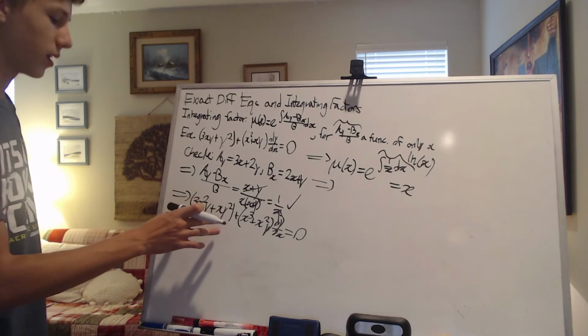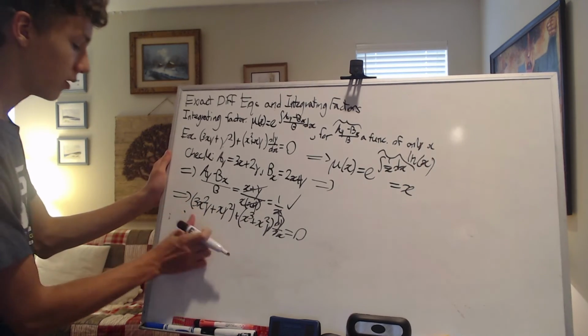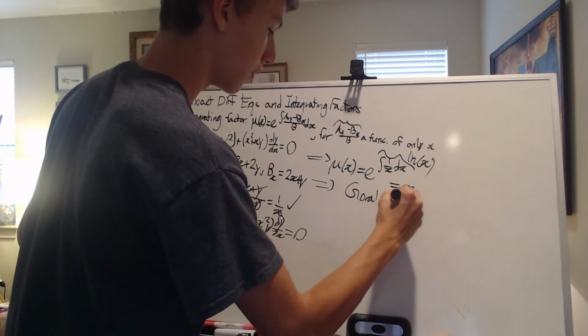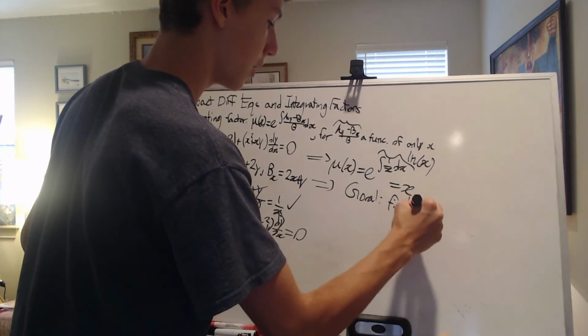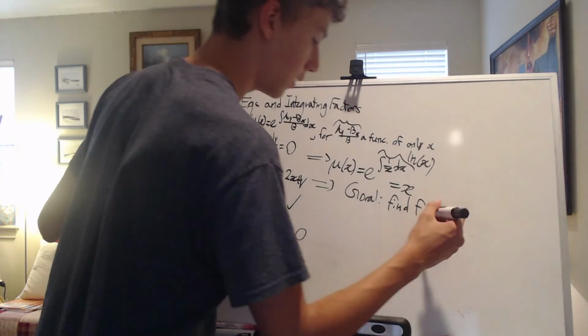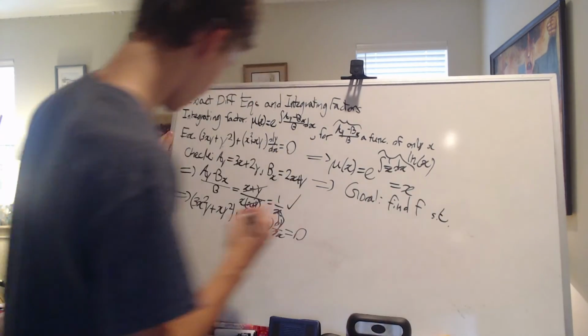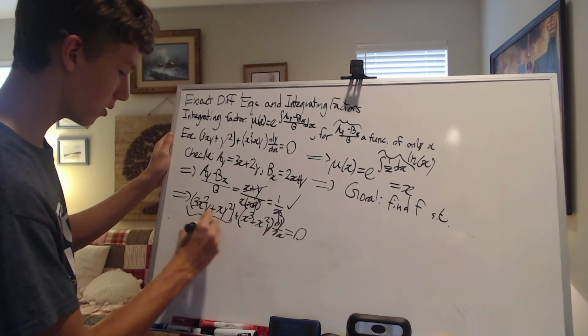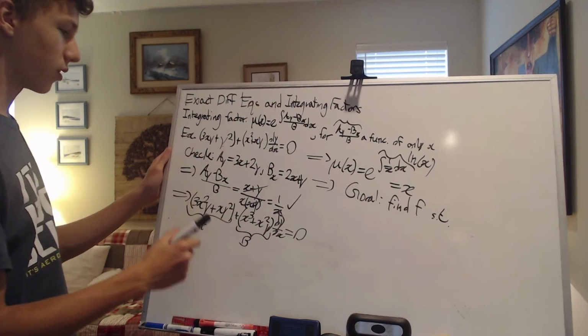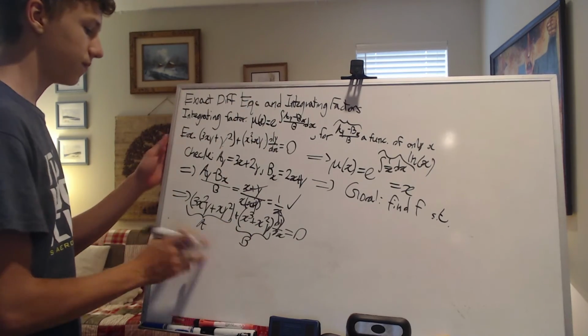So now our goal is to find f. Now we're just solving a normal exact differential equation, which we've already done. I'm going to let this be a, this be b. Should have done that before, but this is our new a and b, right?